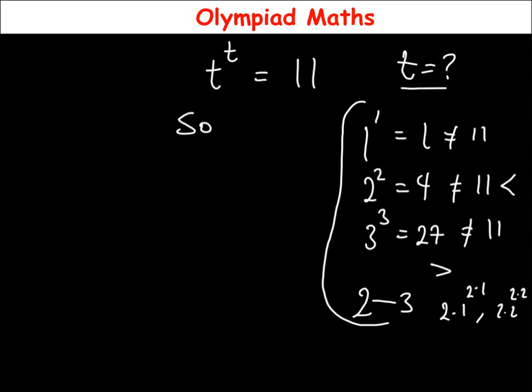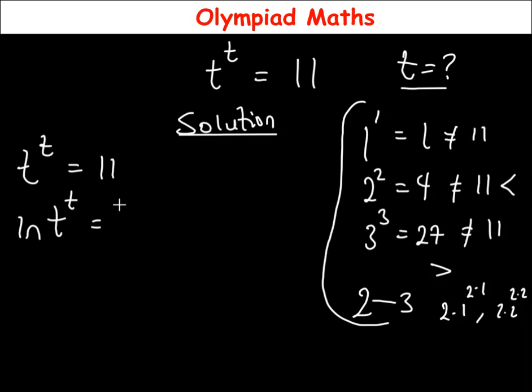So, solution. We have t raised to power t is equal to 11. To solve this, we're going to introduce natural logarithm to both sides of the equation. So ln of t raised to power t is equal to ln of 11. Now ln is logarithm to base e, and log is logarithm to base 10.